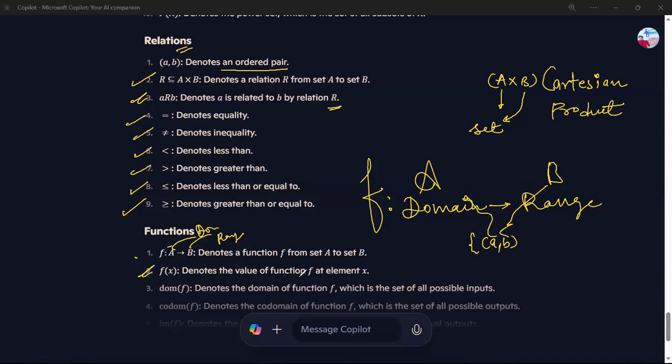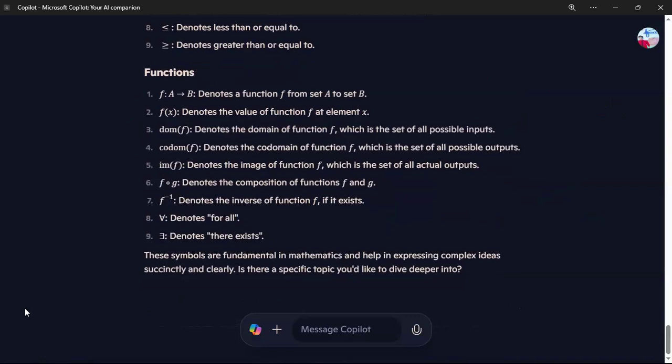f(x) denotes the value of the function at element x. Dom denotes the domain. This denotes the codomain. Codomain is the set of all possible outcomes.